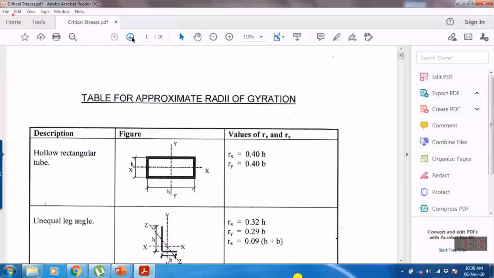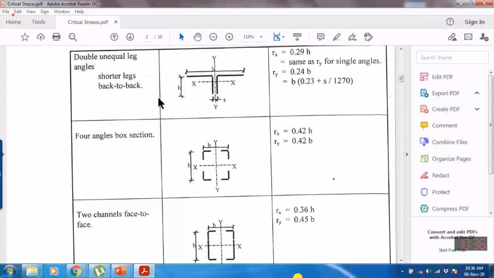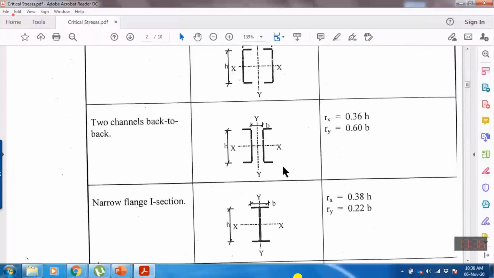So this is page number 102 of the LRFD. I just want to see this case. This is our case. In this case, we are given an empirical relationship to compute the Rx and Ry values for the built-up section.